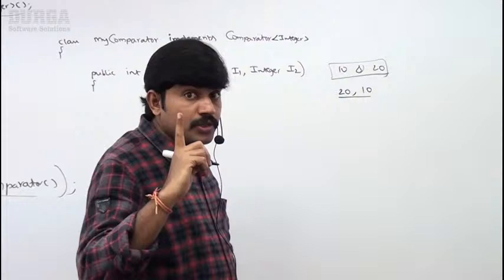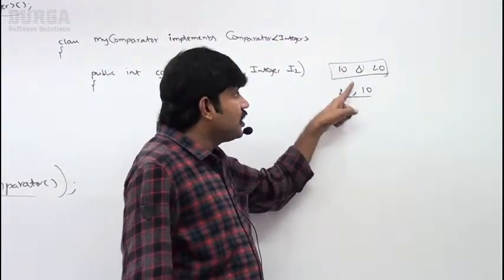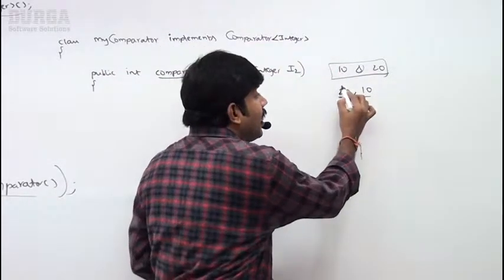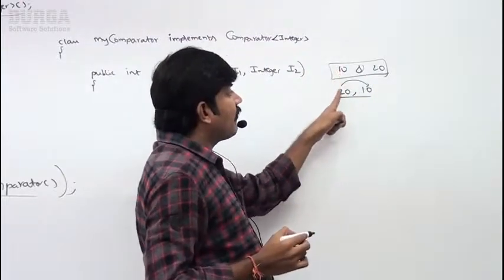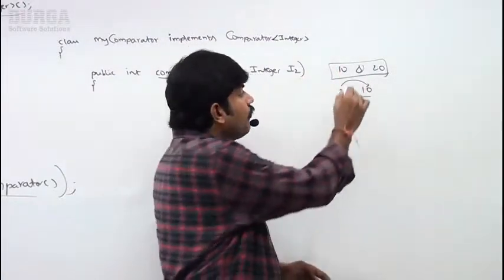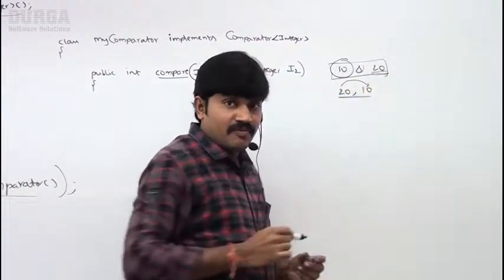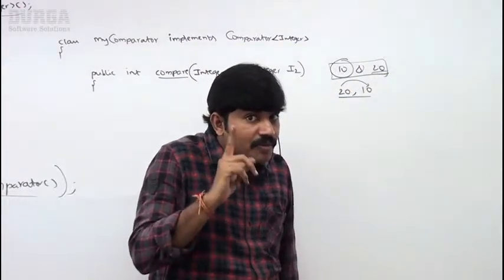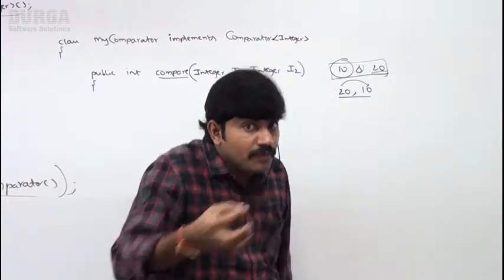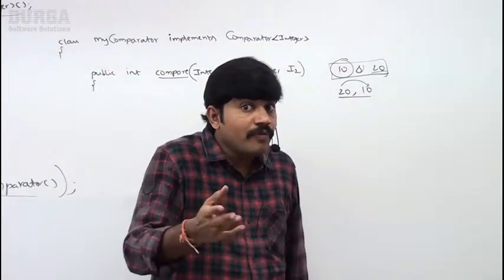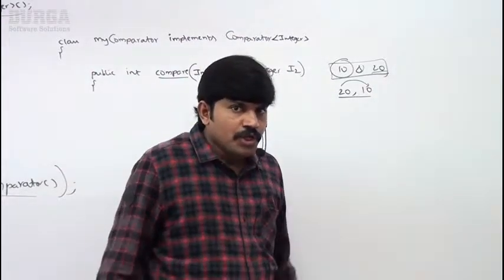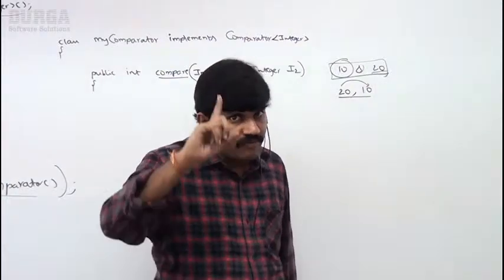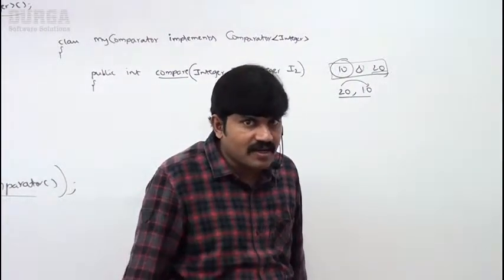So make sure obj1 has to come after obj2 if obj1 is the smaller value. Do you remember, sir: if you want it before, negative; if you want it after, positive; if both are equal, 0. Somewhere we covered this while discussing the comparator concept, right?